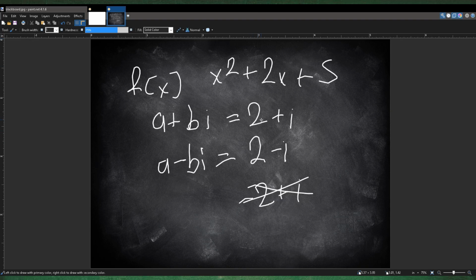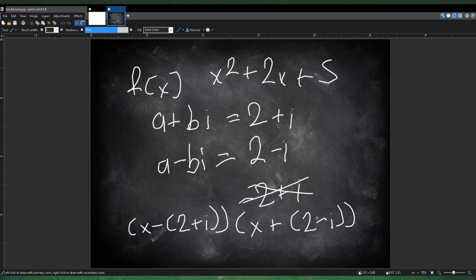Because if you think about it, it will be x minus (2 plus i) times x minus (2 minus i), because you're multiplying the factors from the roots.